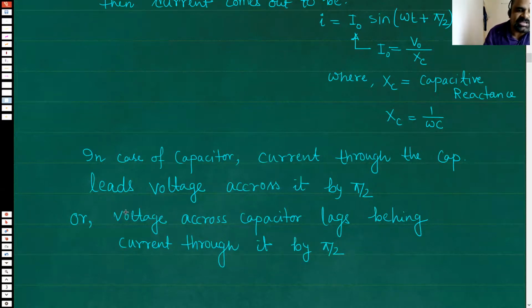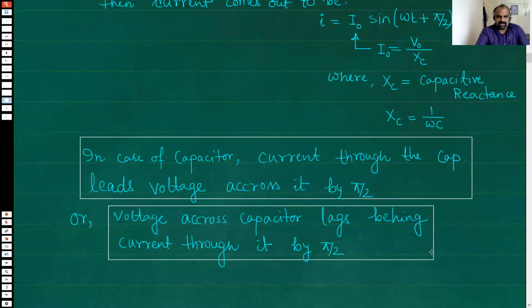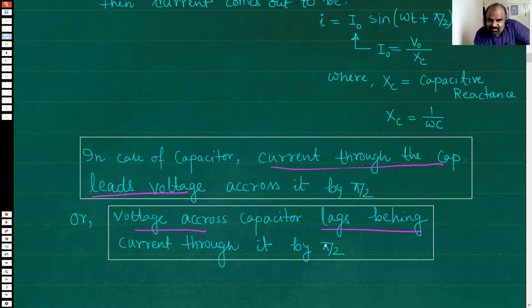Look at this. Are these two the same statement or are they different? Same. Here I'm saying current leads voltage. Here I'm saying voltage lags behind current. They are the same statement.